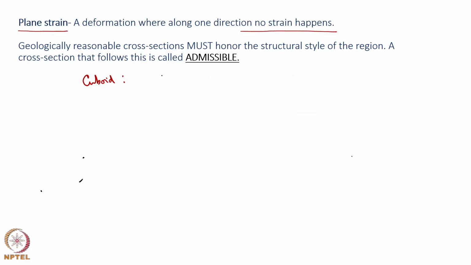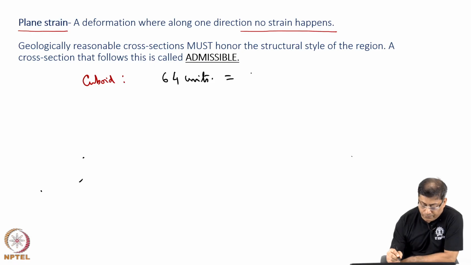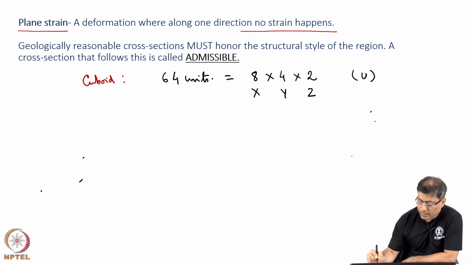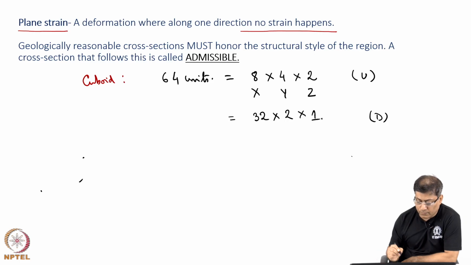Consider a cuboid with volume 64 unit, and along the x axis the length is 8 unit, along the y axis it is 4 unit, and along the z axis it is 2 units. This is the undeformed situation, and after deformation the lengths got distributed in this way, 32 units, 2 units and then 1 unit.